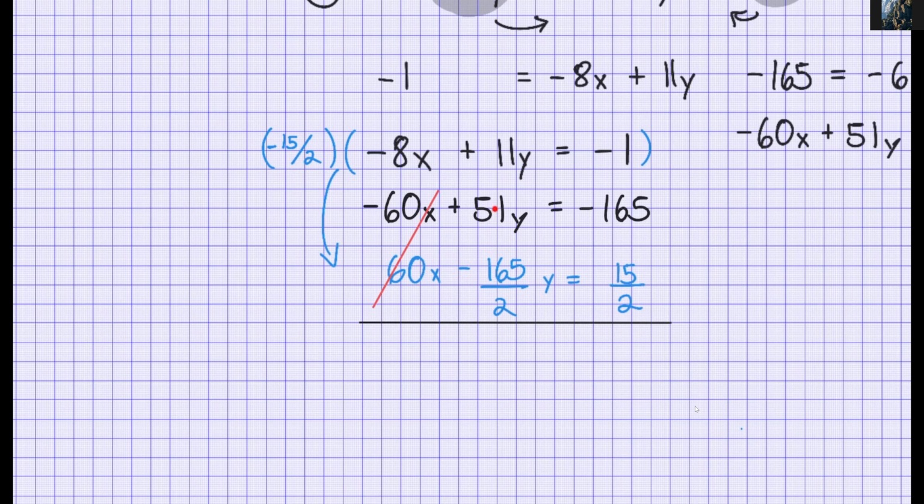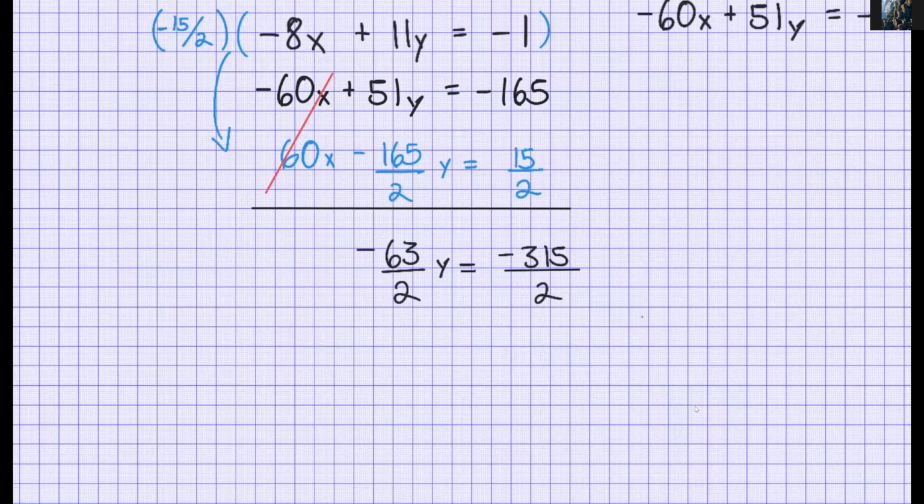Again, I put 51 in my calculator minus 165 halves, and this will be negative 63 halves of y. This will be equal to negative 165 plus 15 halves, which is negative 315 divided by 2.